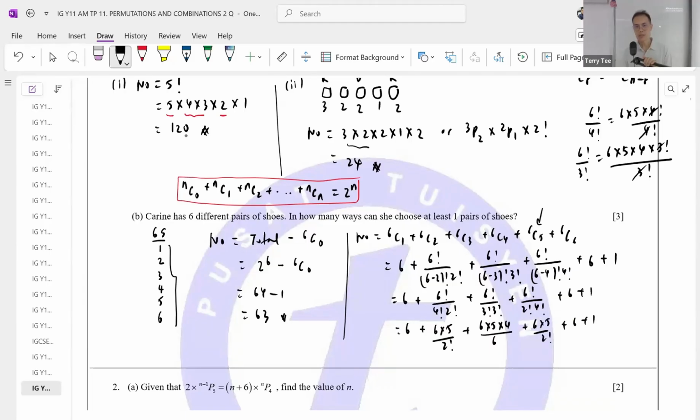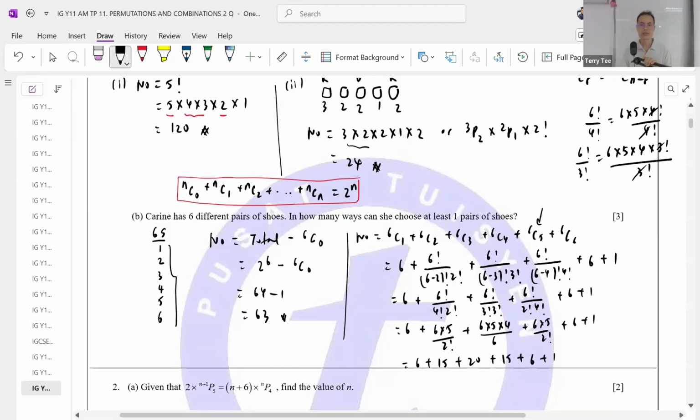So you should get 6 plus 15, plus 20, plus another 15, another 6 and 1, right? So guys, what is this? 6, 21, 41, 56, 62, plus 1, 63, right? Count without calculator. 63. But would you do this or would you use the total minus?